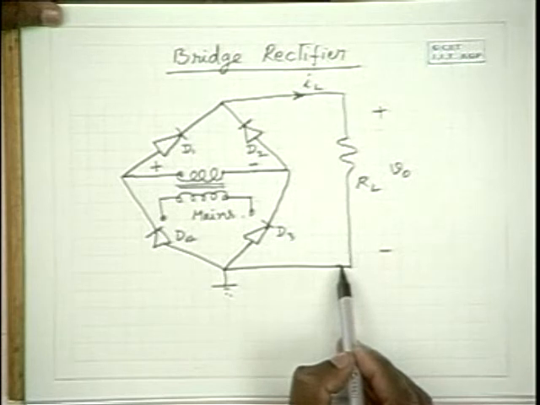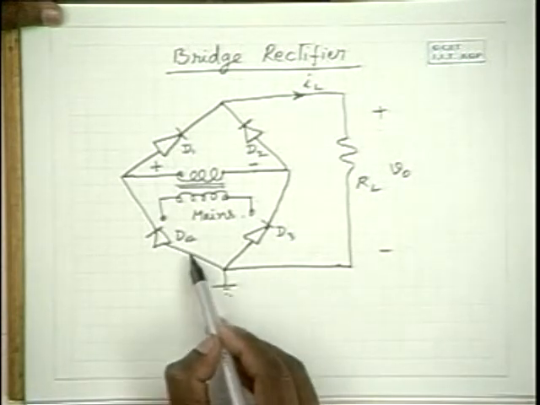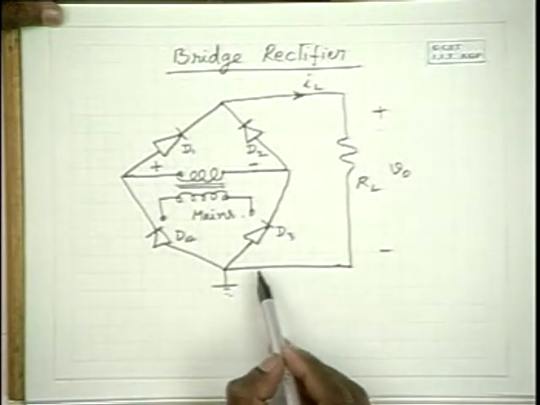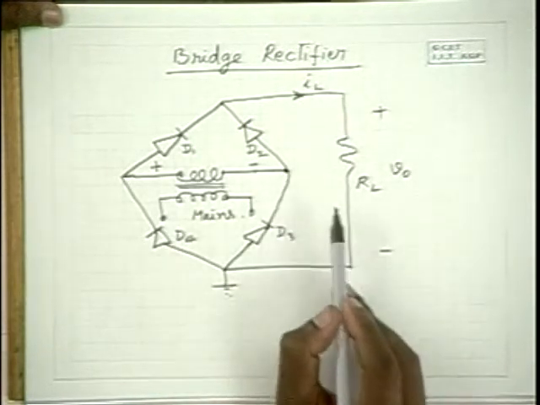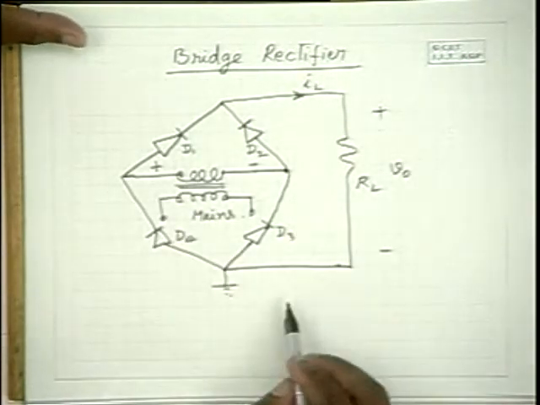And this current passes through this diode D3, and the circuit is completed. That means it is like this.